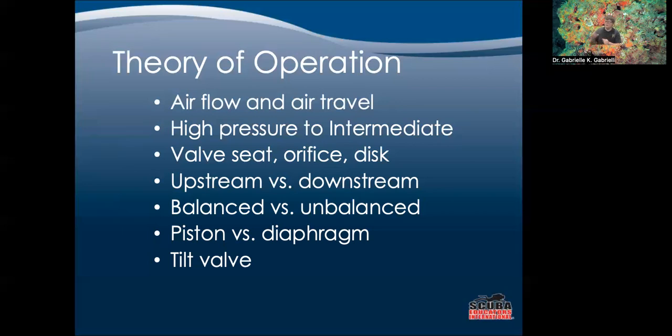On mine the spring is blue, so if I pressurize it, I can actually see that spring move. Diaphragm is a little rubber silicone membrane, and it just bends and flexes. Piston's hard, it moves in and out.